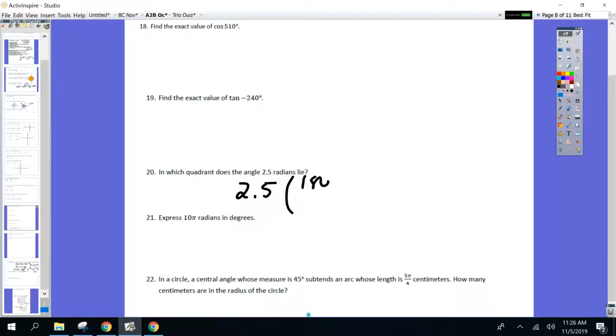I think we just did this one on the quiz. Is it 143.2? Yeah, okay. So 143.2, and what quadrant is 143.2 in? Quadrant 2.